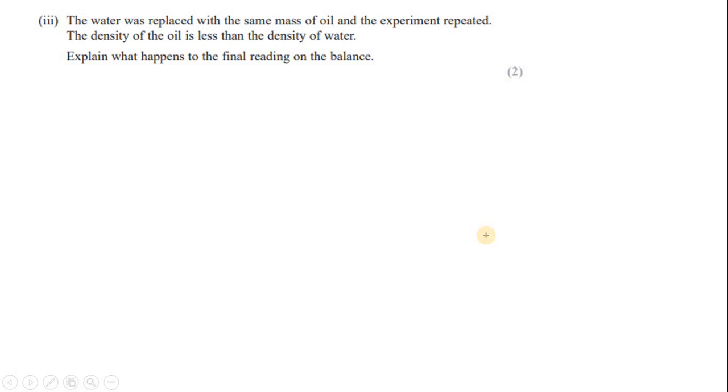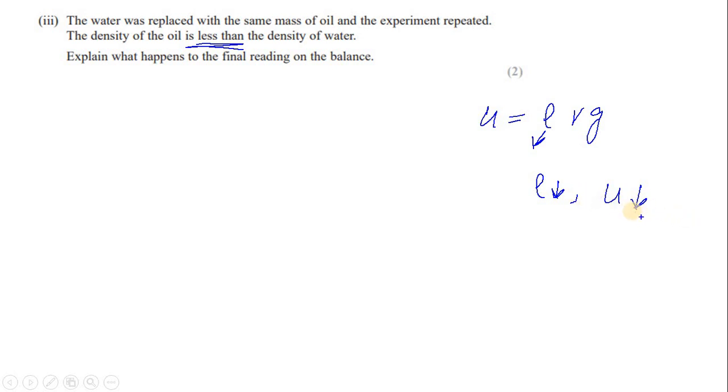So you need to understand what is happening if you are replacing the water with oil, which of course has a lesser density. Upthrust depends on rho Vg. So this V is the volume of the sphere. The sphere is the same. The only thing is density is changing, and it is decreasing. So if density is decreased, that means upthrust will also decrease.